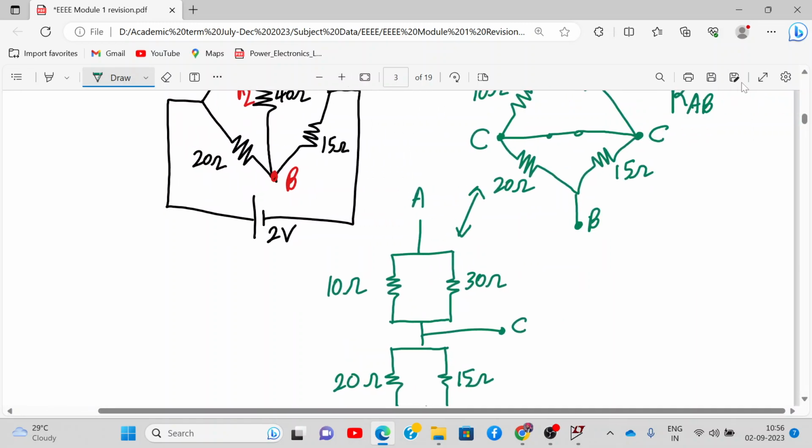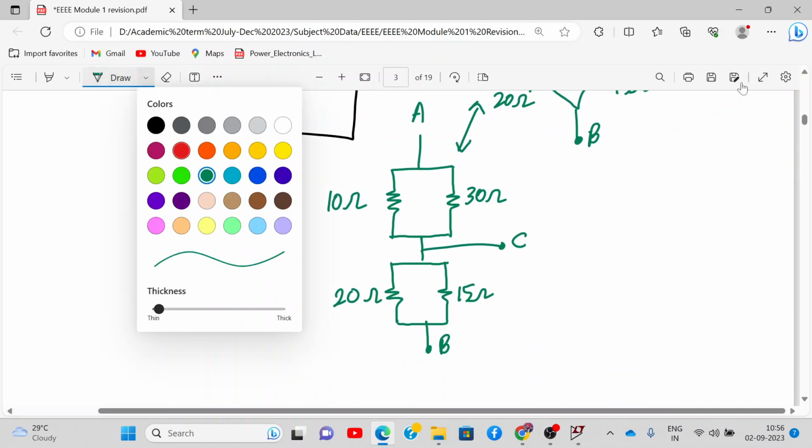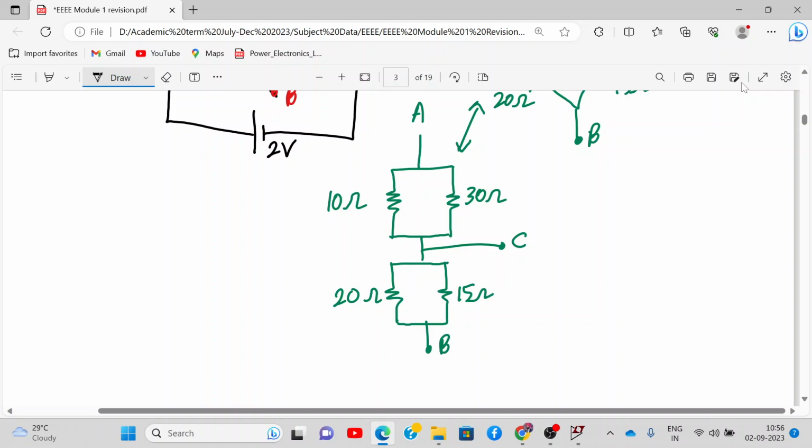Now tell me which resistors are in parallel and which are in series. Can you see this? These two resistors, 10 ohm parallel to 30 ohm, and this is 20 ohm parallel to 15 ohm.